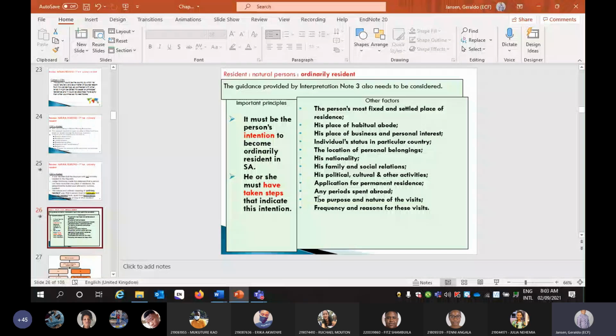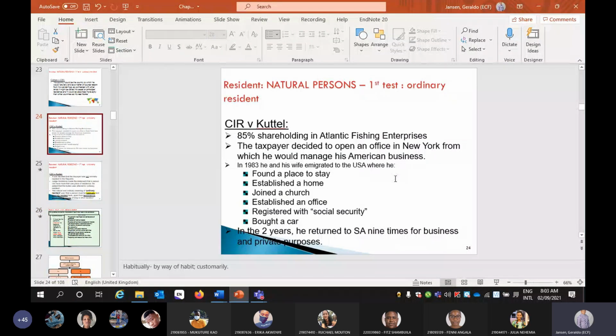Now, guys, I also need to tell you that Mr. Kittel's court case might indicate that he was not a resident, but these court cases can also be challenged. As a tax lawyer or as a tax expert, you can challenge these court cases. Why? Because these facts are unique to Mr. Kittel, and that is why the judge made that decision.